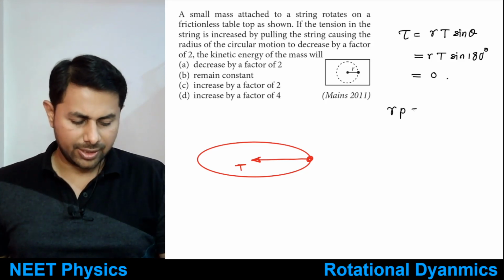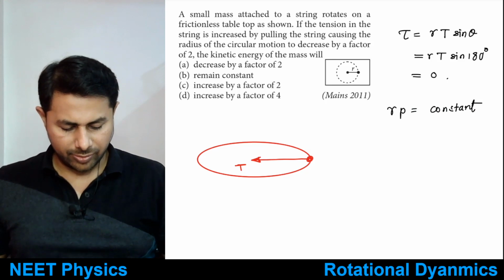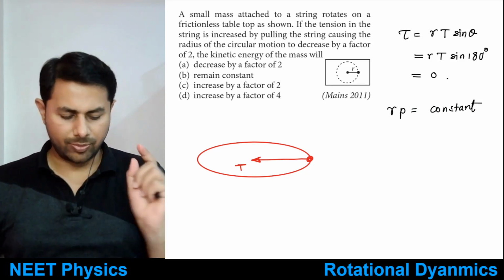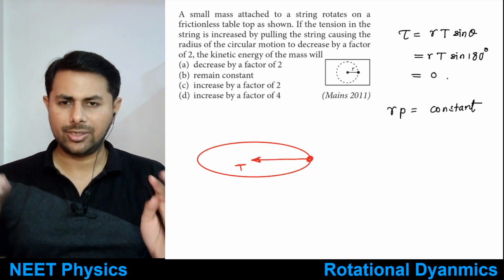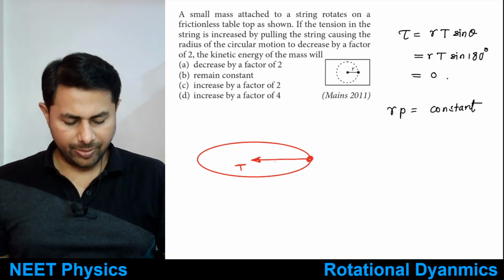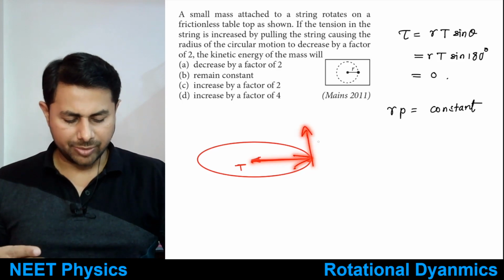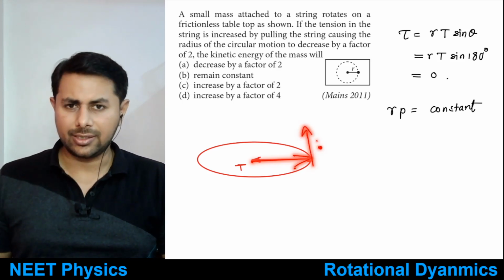Therefore r times p is constant. For a mass which is revolving in a circle, angular momentum is just r times p. Why? Because the angle between r and p: r is along the radius, and p, the momentum, is along the tangent, because velocity is along the tangent.